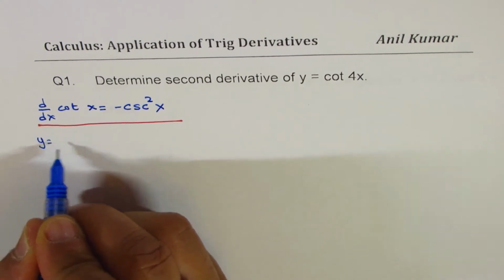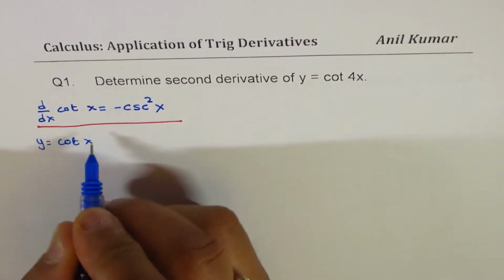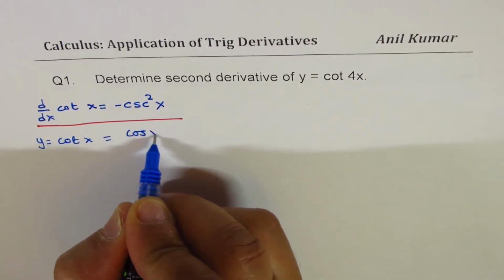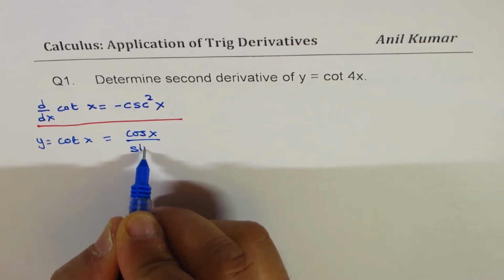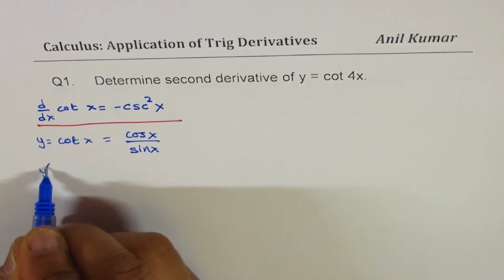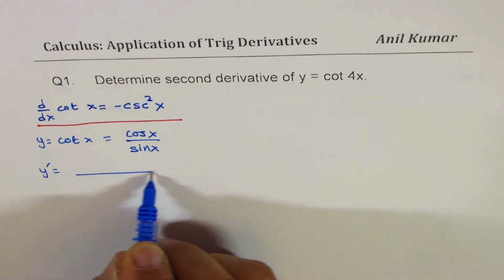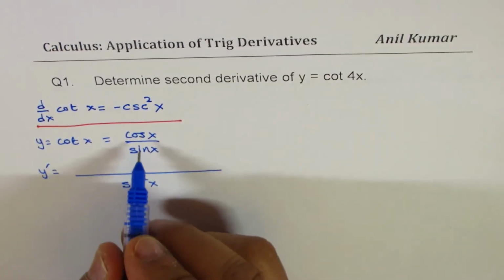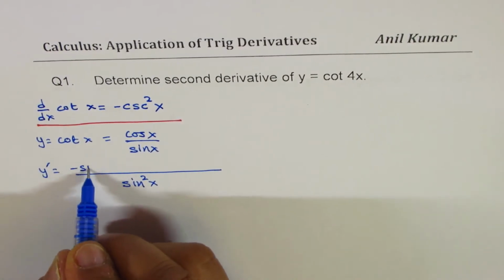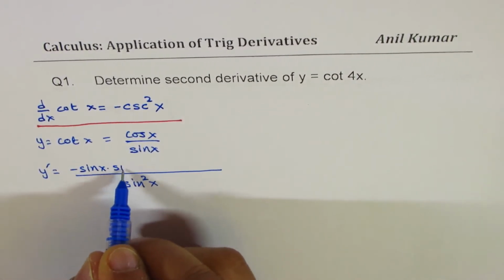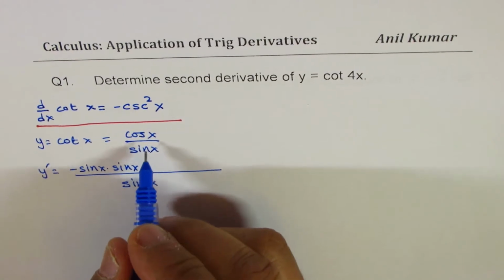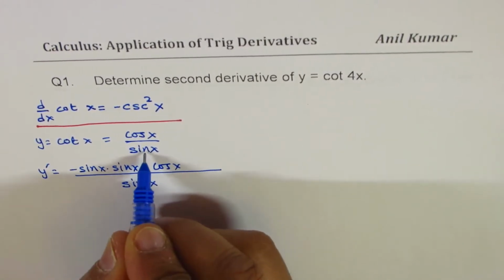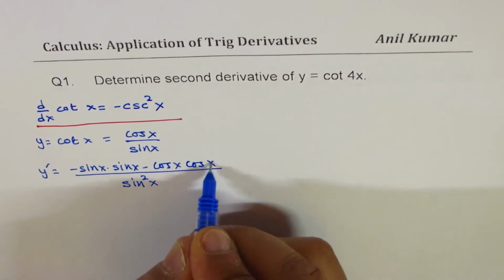So when I say y equals cot x, it really means cos x over sin x. So y dash, we'll apply the quotient rule here and write this as sin square x in the denominator. Derivative of cos x is minus sin x times sin x minus cos x times derivative of denominator, which is also cos x.